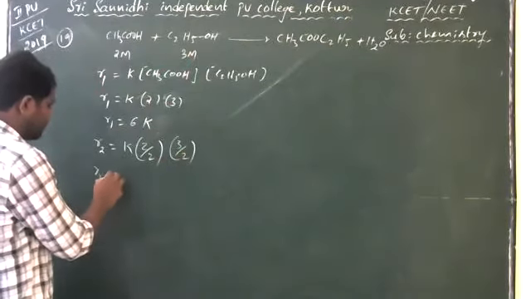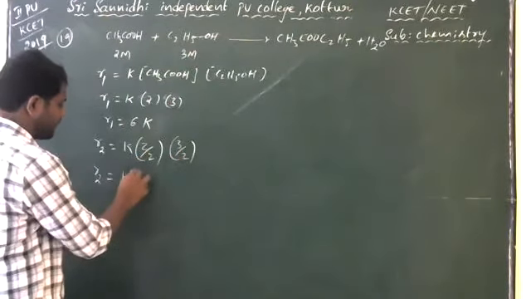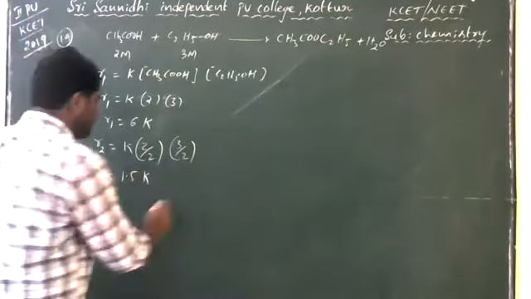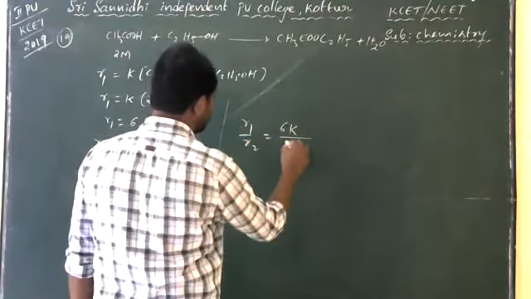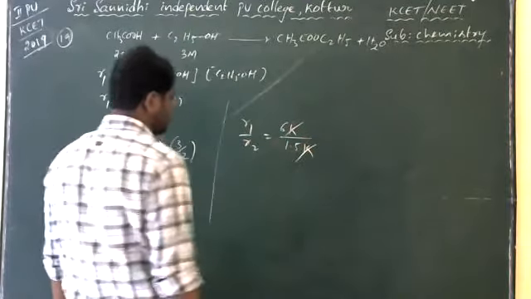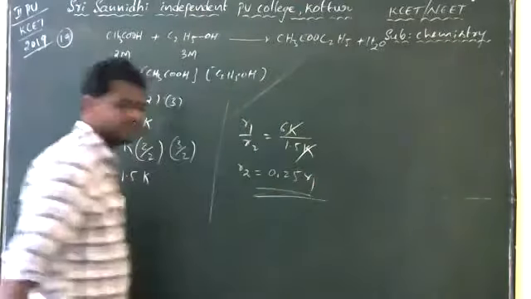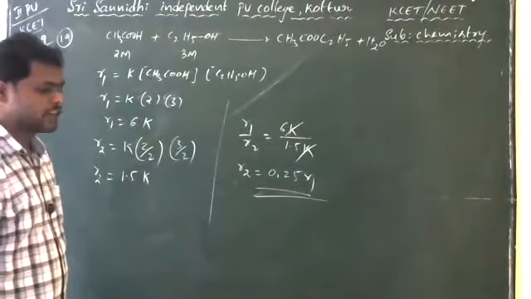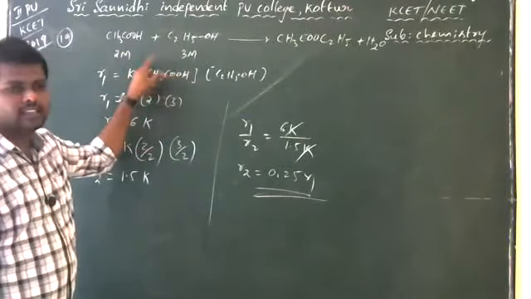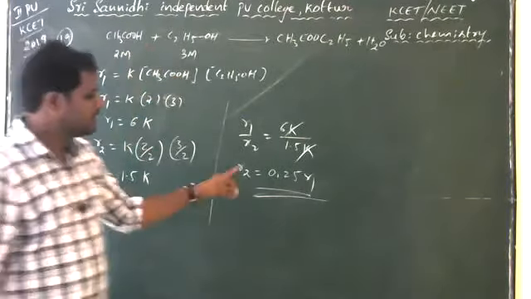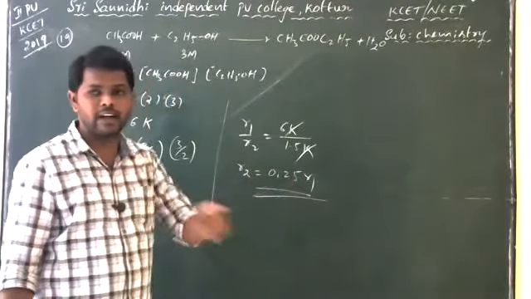Then 2/2 gets cancelled, and 3/2 is nothing but 1.5, so R2 is 1.5 K. Then we take the relation R1 by R2 is equal to 6K divided by 1.5 K. K gets cancelled, so R2 is equal to 0.25 times R1. The meaning is that when you add an equal volume of water, the concentration is reduced to half, and then the initial rate becomes 0.25 times.